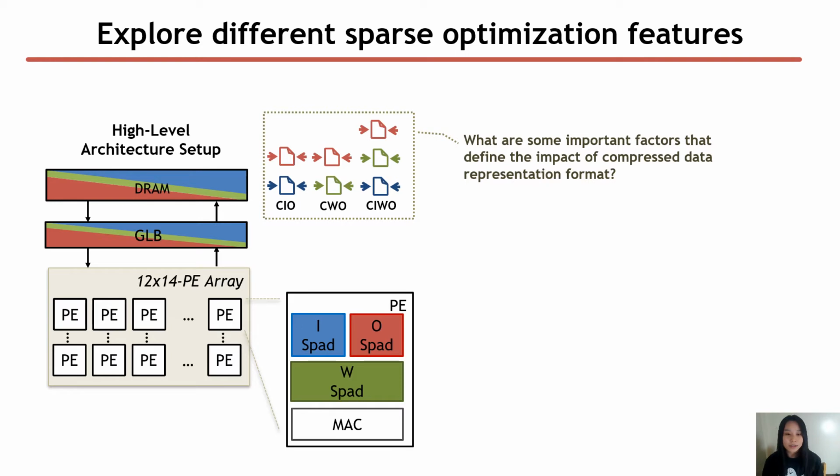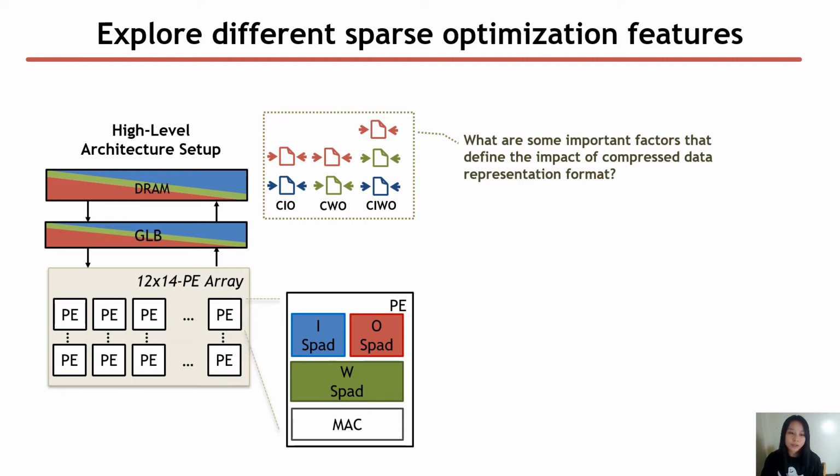The first thing that we want to look at is DRAM compression, or DRAM data representation choice. What are some important factors that define the impact of compressed data representation format? Specifically for this study, we want to try three things. First, just like what the original Eyeriss does, we compress input activation and output activation.